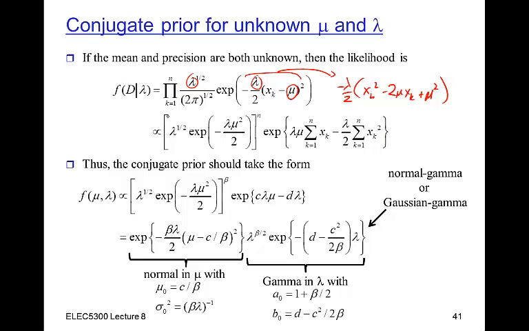And I can factor out all the terms that don't depend on the data xk into one term here. So that's the lambda to the 1/2 e to the minus lambda divided by 2 times mu squared. And when I multiply it n times, it's just the same as raising it to the nth power. What I'm left with is just the exponential of minus lambda divided by 2 times the data squared, and minus lambda divided by 2 times 2 times mu times xk.